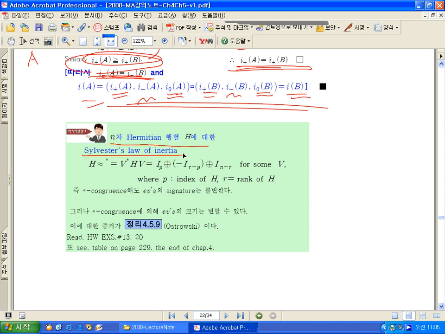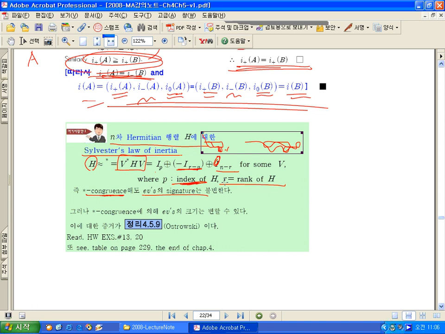Then Sylvester's law of inertia says H is star congruent to a matrix of this shape, the direct sum of three matrices: a zero matrix, an identity matrix of size P, the index, and a minus identity matrix of size R minus P. Here R is the rank of H, and n minus R is the size of the nullity, so we have a zero matrix of that size. So star congruence preserves the signature.